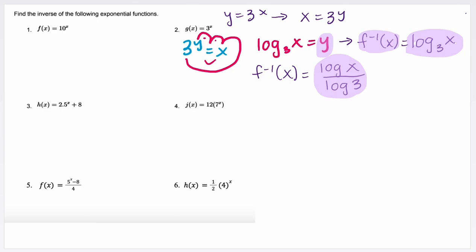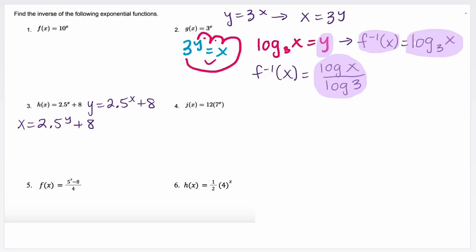All right, the next one I'm going to do is number 3. So number 3 is 2.5 to the x plus 8. And I'm going to go ahead and first write it as y equals. So y equals 2.5 to the x plus 8. I'm going to switch my x and y. So I'll have x equals 2.5 to the y plus 8.